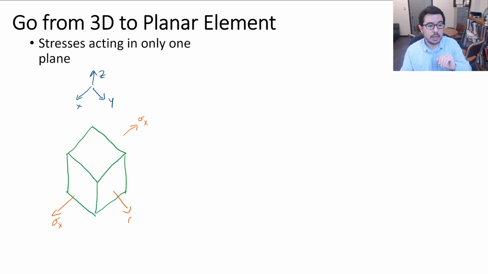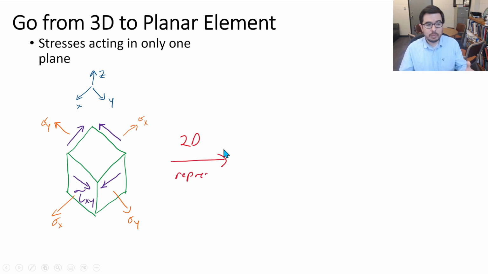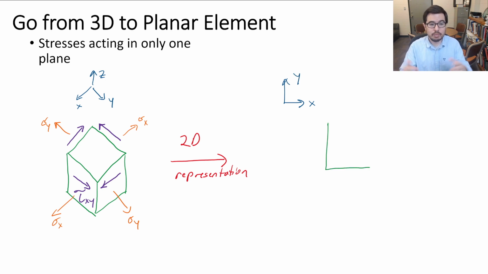In this case, we can say the top and the bottom are the 2 faces where we don't draw any stresses. Then we flatten, or rotate, this element to get a 2D representation. So now I'm looking down at it. What am I going to see? I'm going to see essentially the stress elements we've been drawing all along. So now we're calling it a planar element.